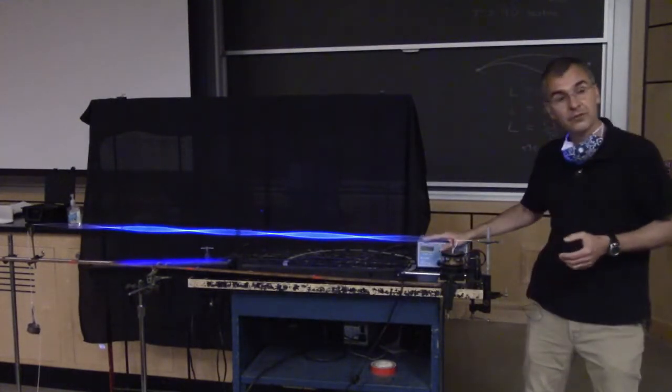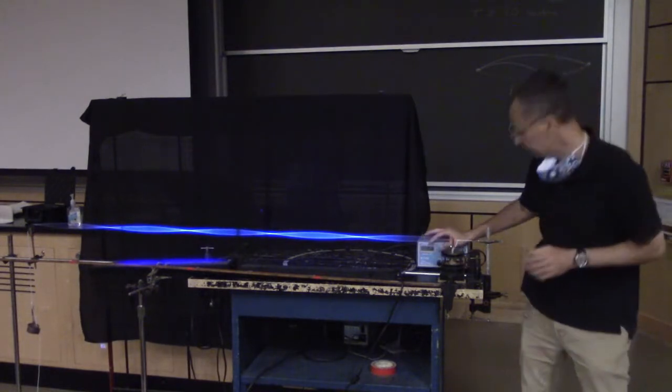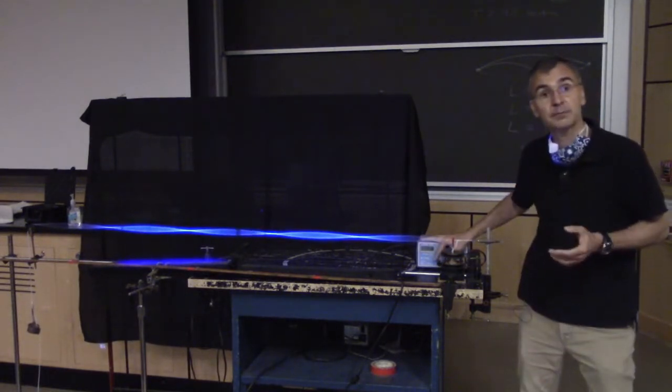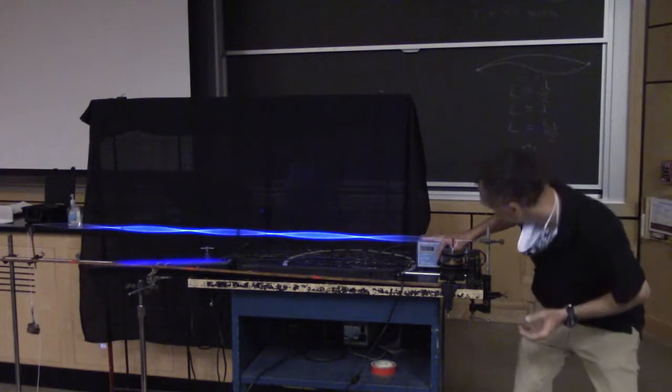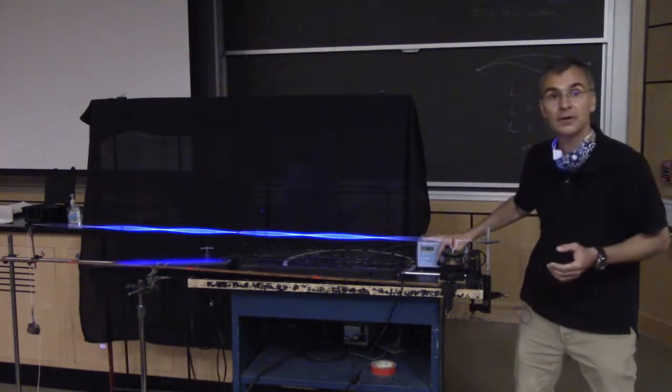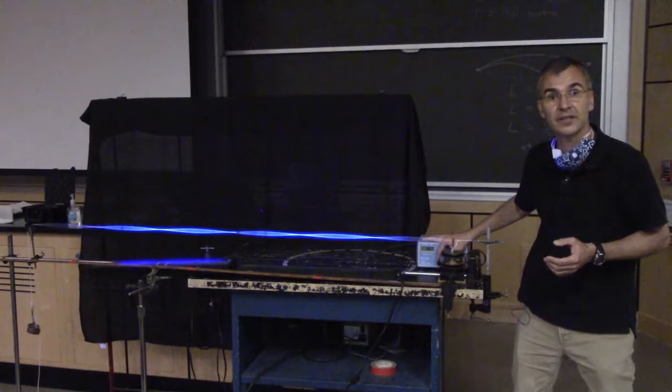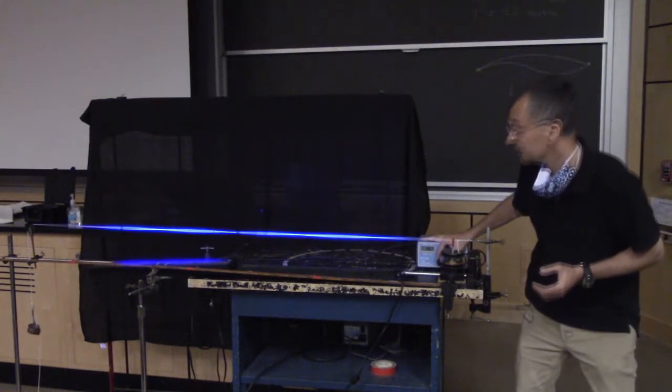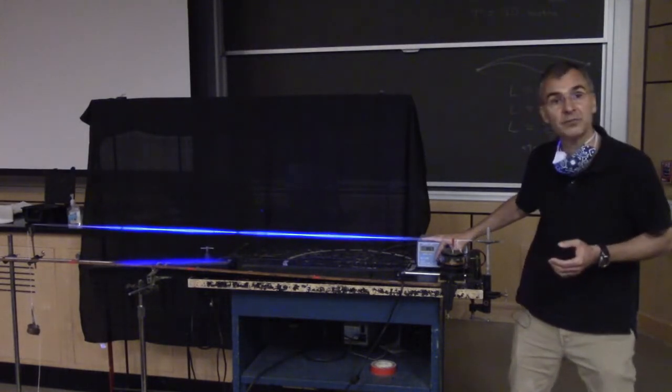Let's see. Okay, so then we want to go up close to 90. I grew up in Boston, so I say 90. Well, that's pretty good too. You can kind of see that. Gee, this is working better than I expected.